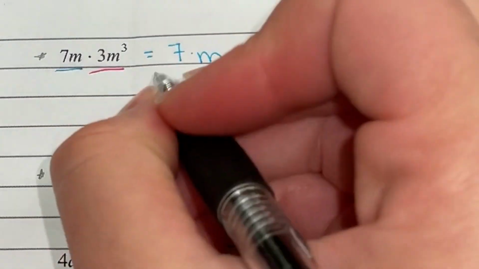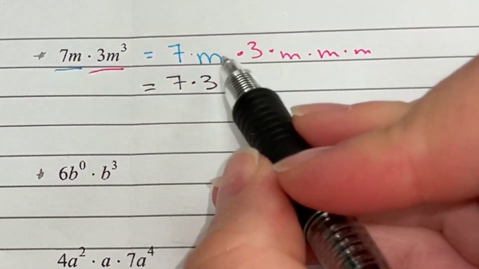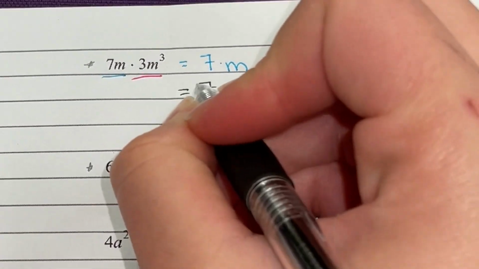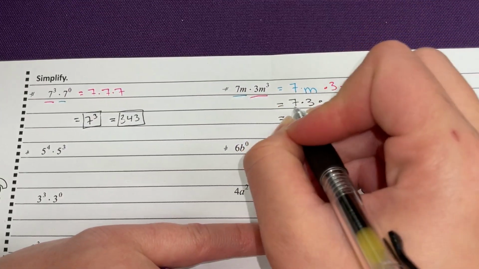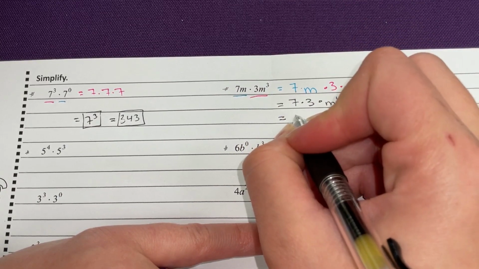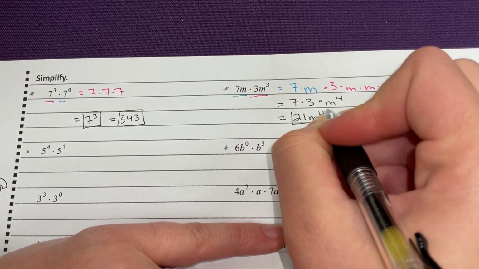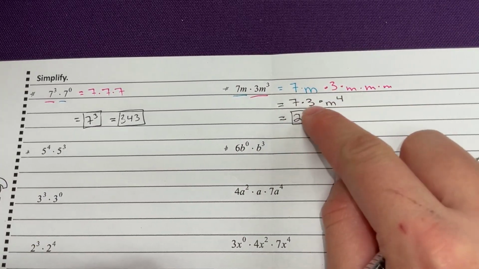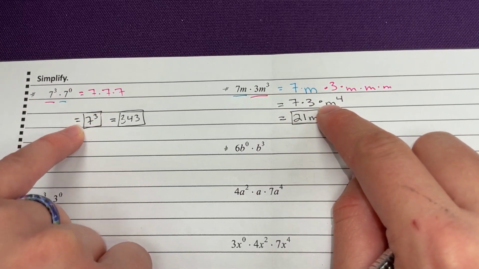So altogether, we have 7 times 3 times 1, 2, 3, 4 m's, so m to the 4th. Okay, this could be a good answer, but honestly, it's kind of goofy looking. But if I do 7 times 3, that's 21, and then we have m to the 4th. So this would probably be the nicest answer. You probably will not see this other one. It only works when you have stuff like this going on.